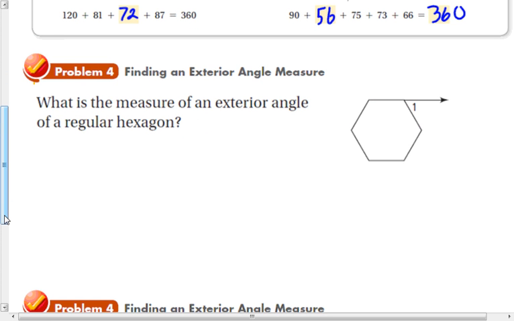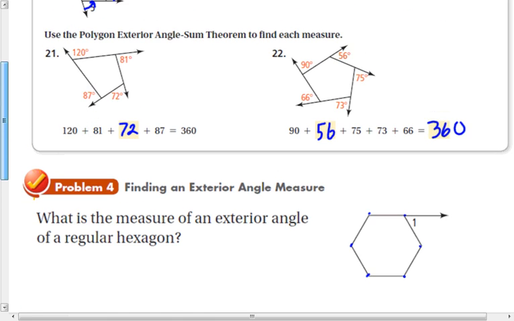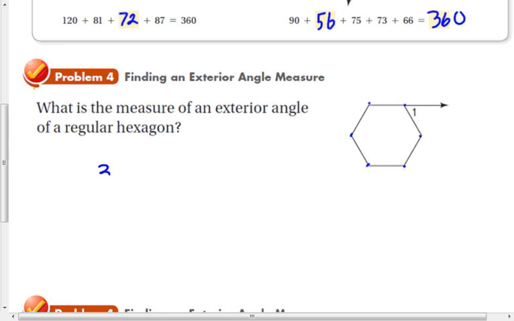So let's use that idea here. What is the measure of the exterior angle of a regular hexagon? Hexagon means there are 6 sides, 6 angles. We know that the total number of degrees in all the exterior angles would be 360. Since this is a regular hexagon, all these angles are the same.